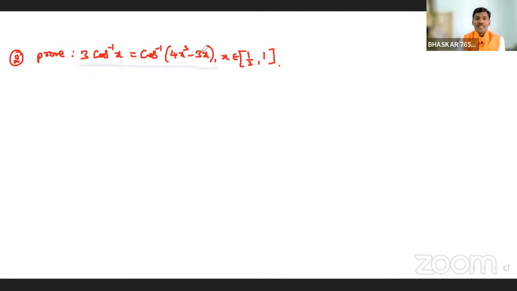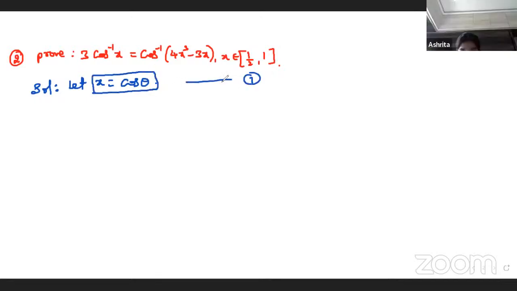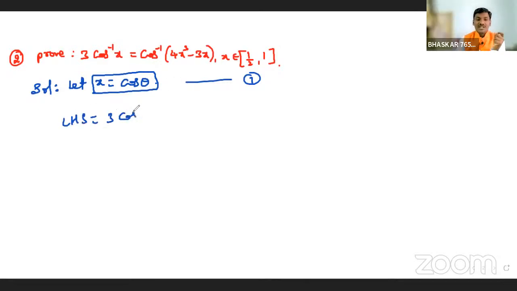Here, let us take x is equal to cos theta. Now, what is the LHS here? LHS is equal to 3 into cos inverse x.